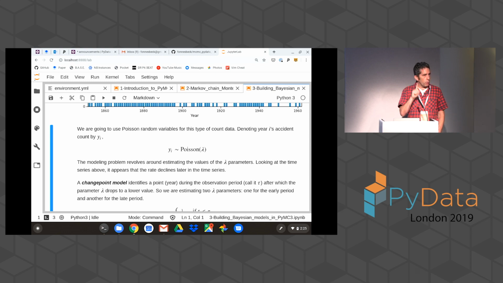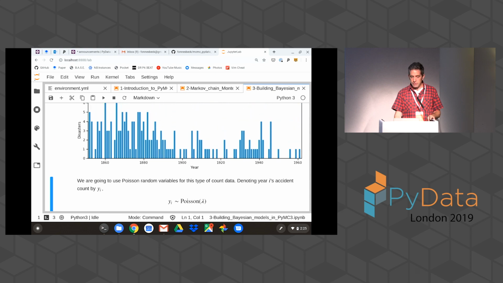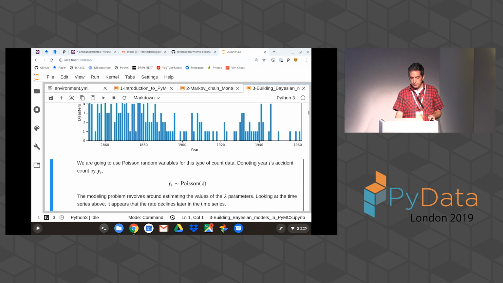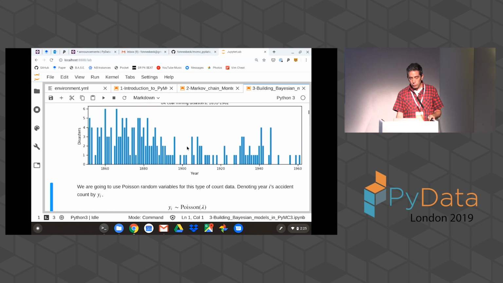It's a very simple model. It's got one parameter that characterizes the mean and the variance. So as the mean increases, the variance increases, often used to model counts, although sometimes not very robustly. And then the unknowns are going to be the two rates, before and after, and the change point. So we'll need 3 priors here.